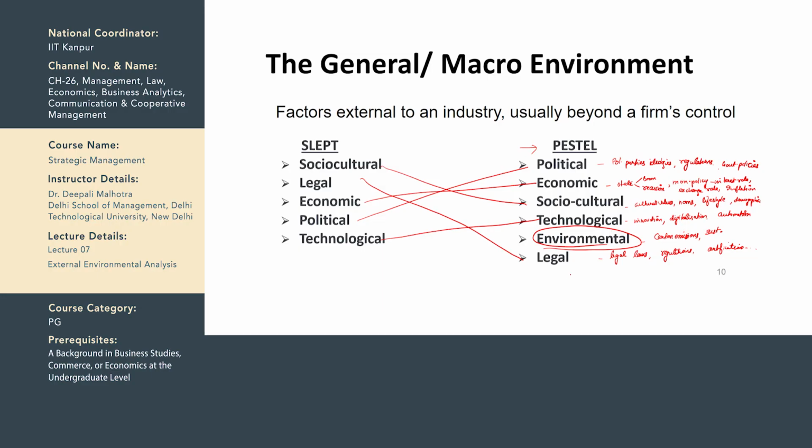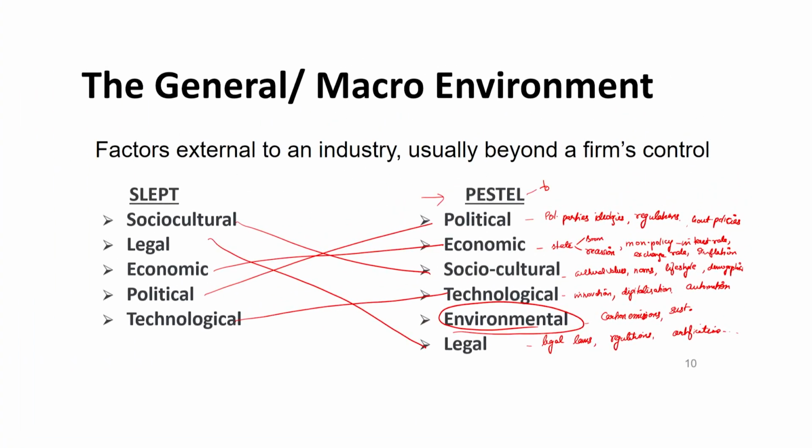But we need to understand what is the trend, pattern, or any kind of signal which we can get to know by doing PESTLE analysis. I hope it is clear to everyone how we conduct macro or general environmental scanning.